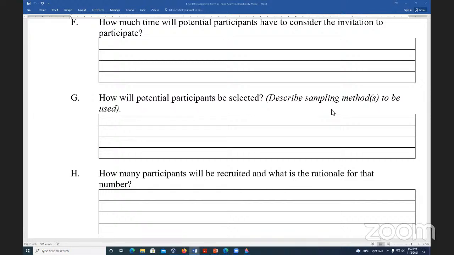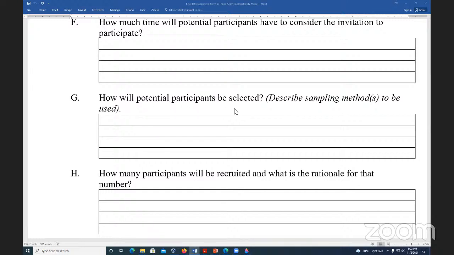And then I'm going to talk about how I'm going to go from the numbers of people I have in both of those groups to the sampling. So maybe I'm going to use probability sampling, or maybe I'm going to use convenience sampling, but I need to explain why. See down here, it says the number in H, and up here in G, it says how many people.